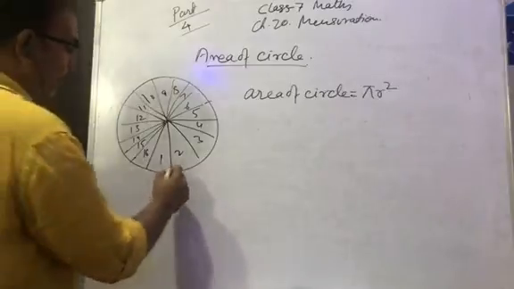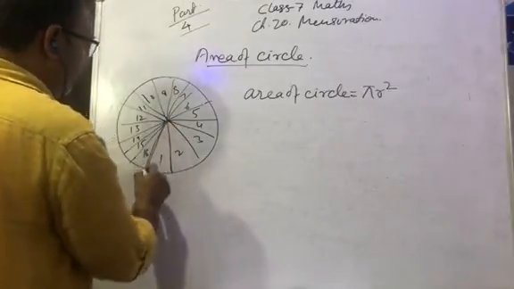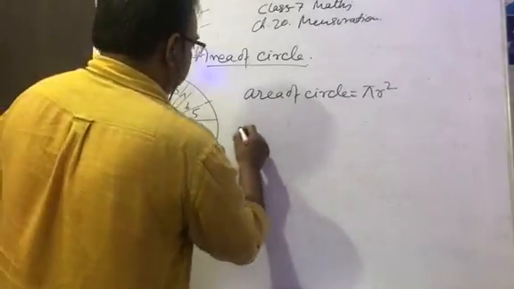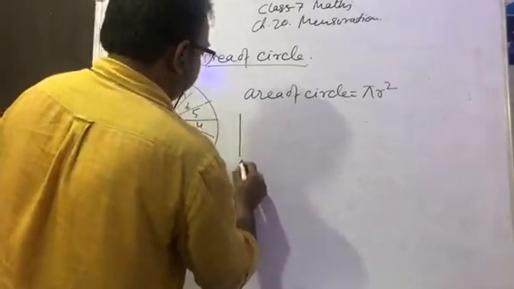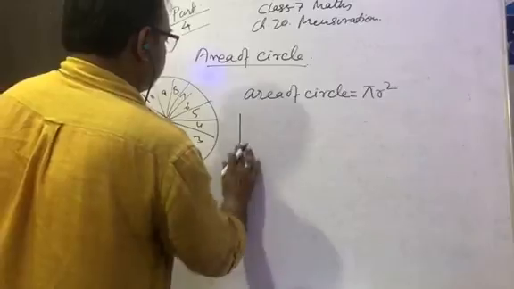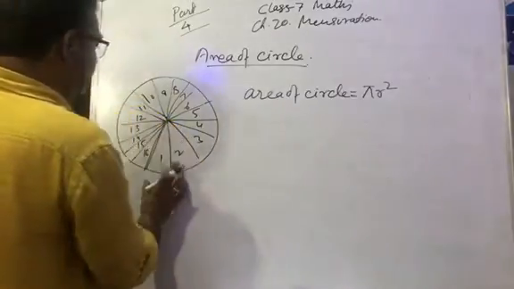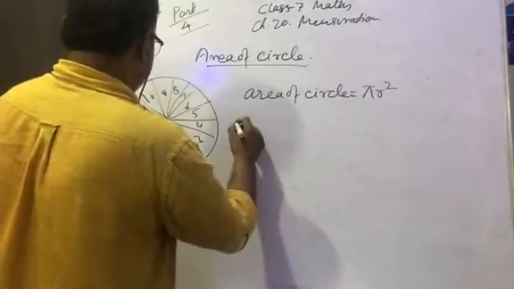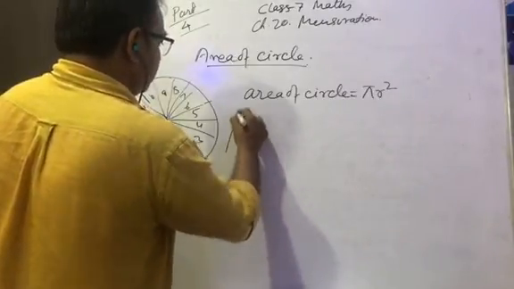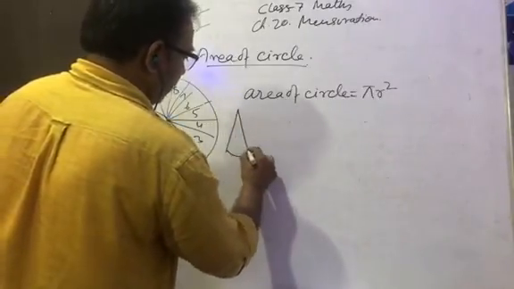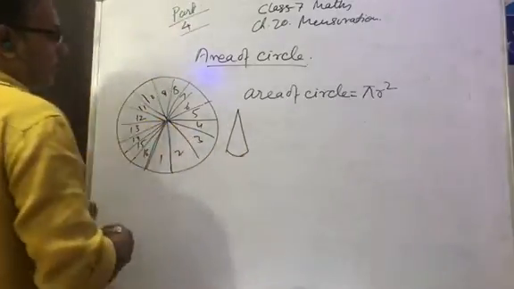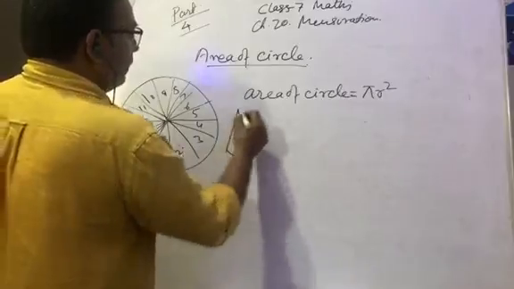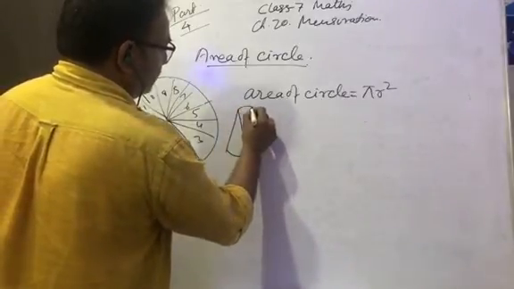Now, suppose you cut the first triangle and you place it like this, see. If you cut, then you can see it like this. Then you cut the second part and you can see it like this.